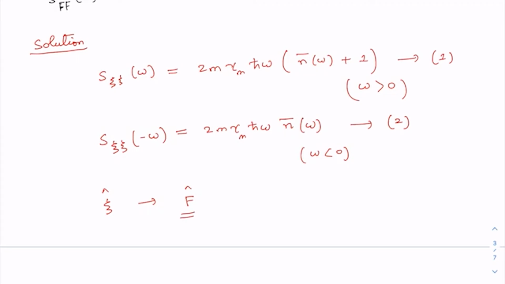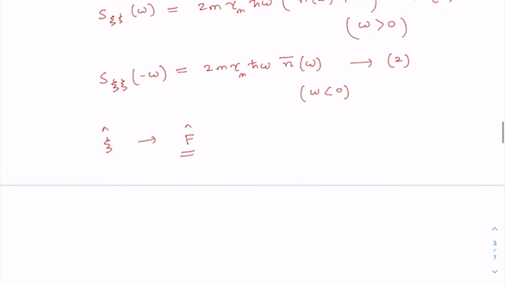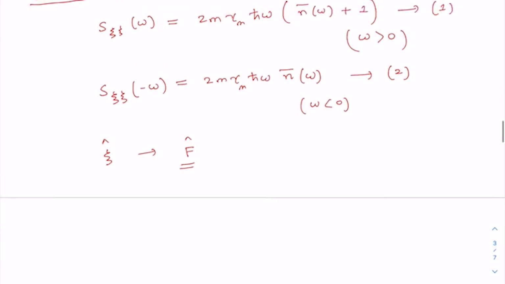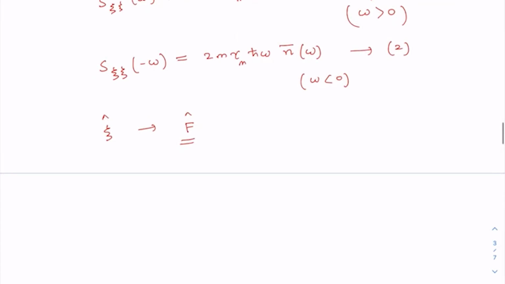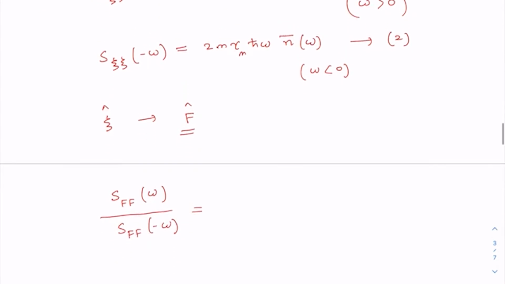Now from equations 1 and 2 we can write, if I take the ratio of these two expressions, then instead of xi, now I will write f, SFF of omega divided by SFF at minus omega. That would be equal to n of omega plus 1 divided by n bar of omega.